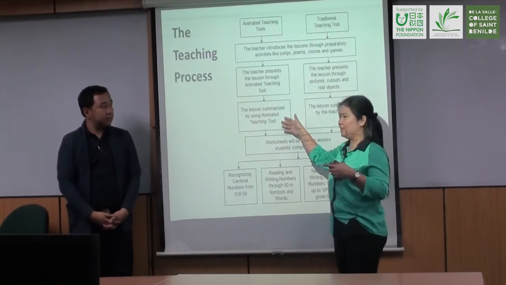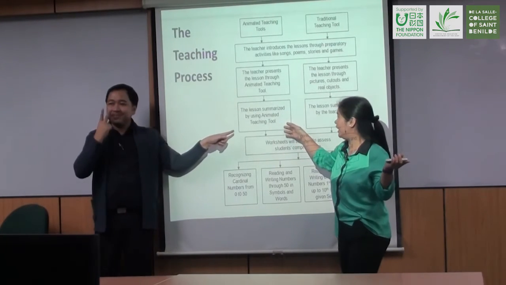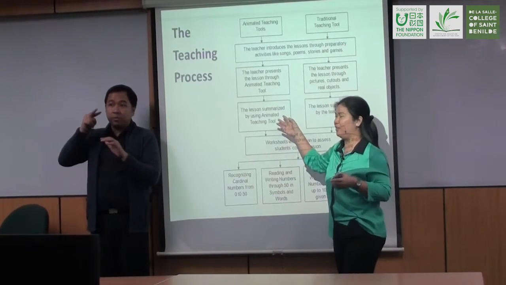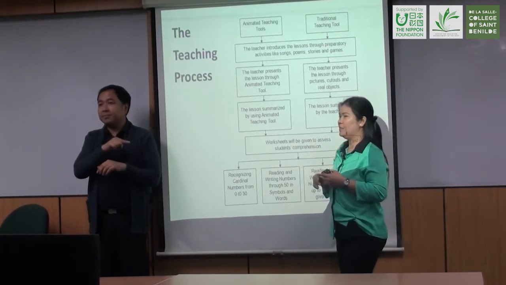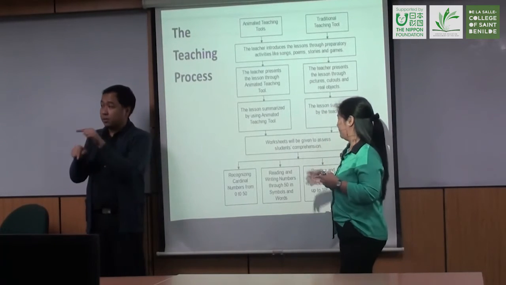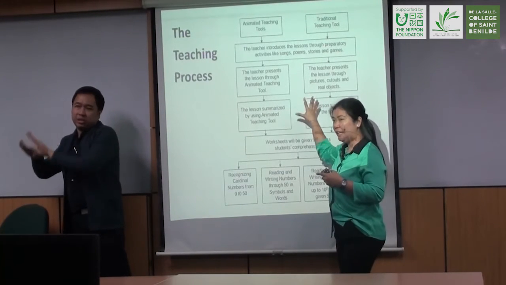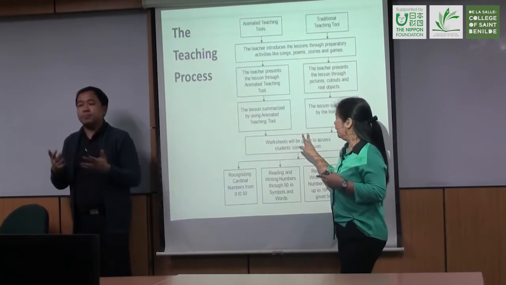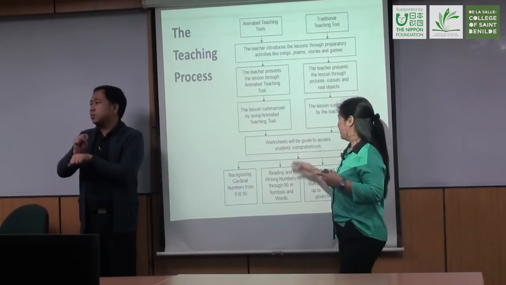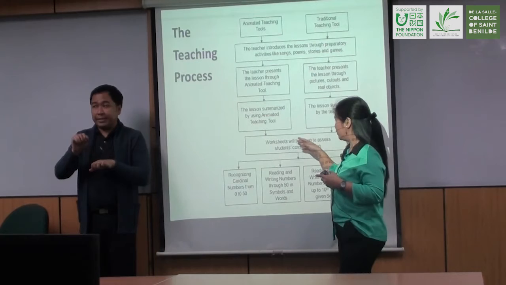Then here, as you see, the sample is still the animated teaching tool. Diba? The Math Signer's Deaf. To summarize the topic, here, it's still the teacher. And after the lesson, both groups still use worksheets to assess the students' comprehension.